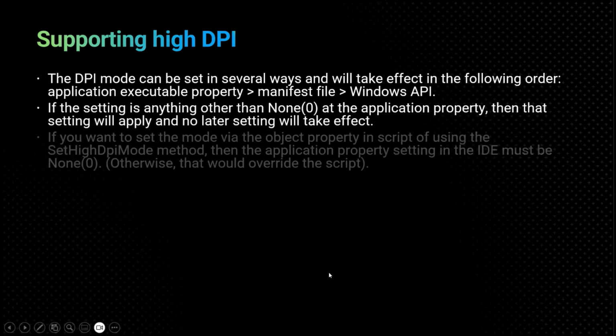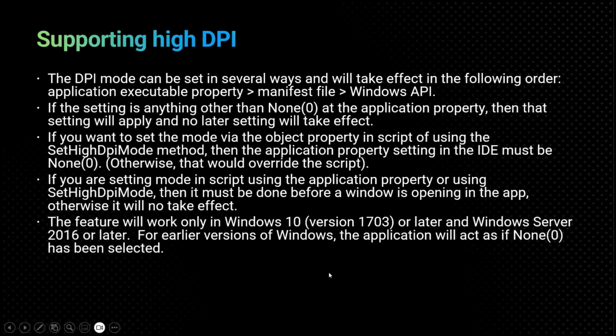So if, for instance, you have a manifest file that's trying to set the DPI mode, and you're trying to do it through the Windows API, and you're trying to do it through the application property, the application property will take precedence, just so you know that. If the setting is anything other than none, that setting will apply and no other later setting will take effect, the manifest file or the Windows API.